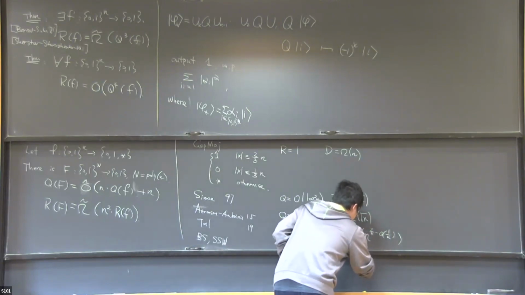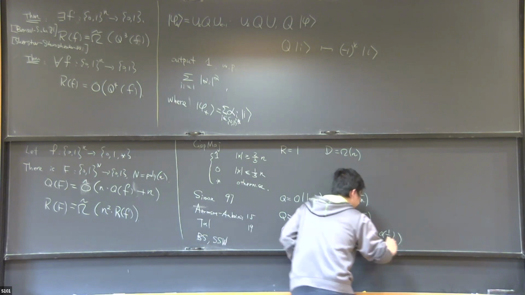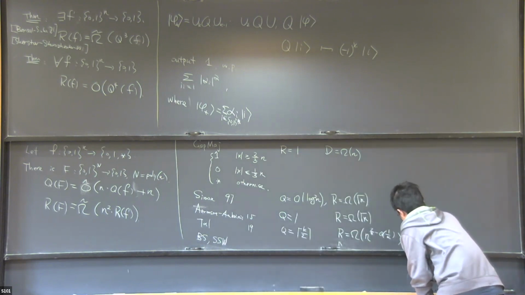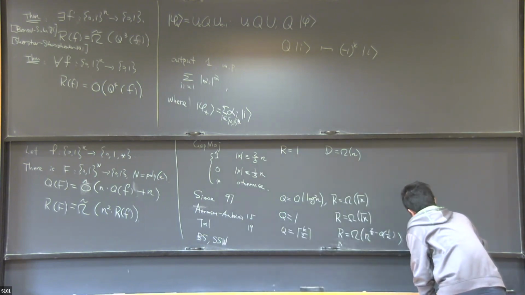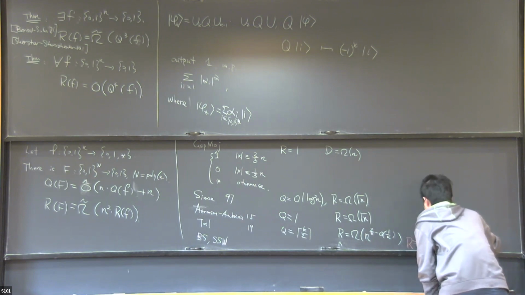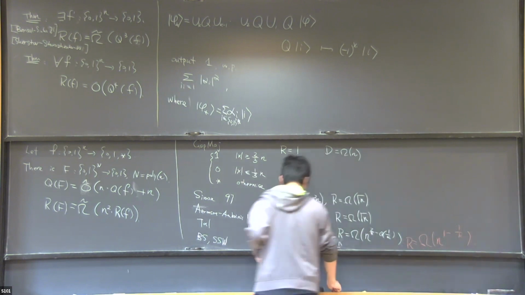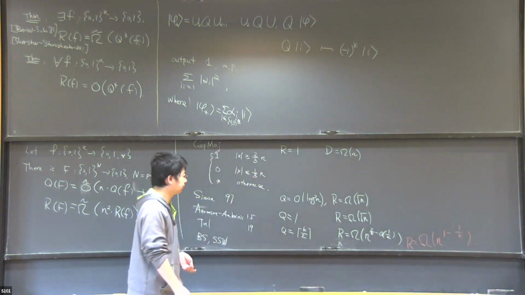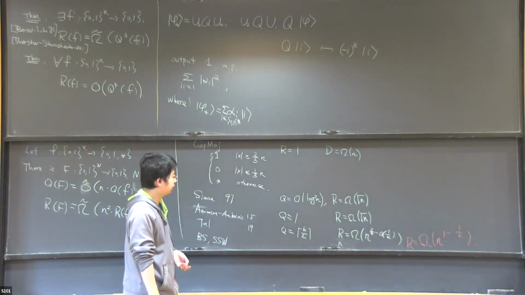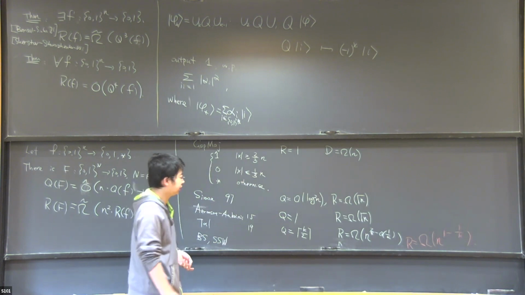Improving this to n to the one minus 1 over k. These are not for full functions, they are for partial functions. All of these are for partial.